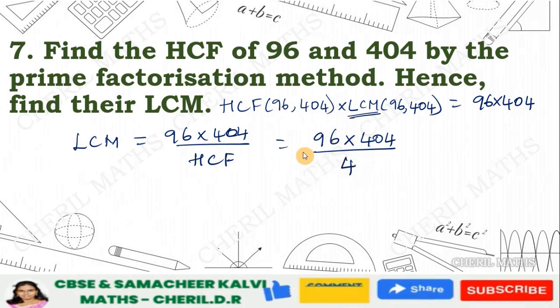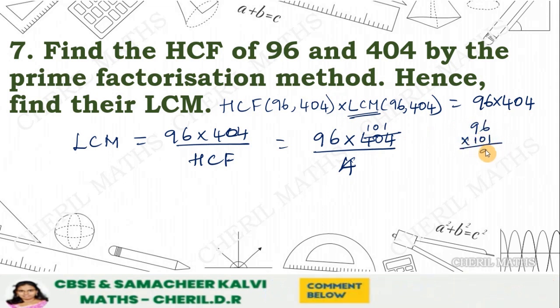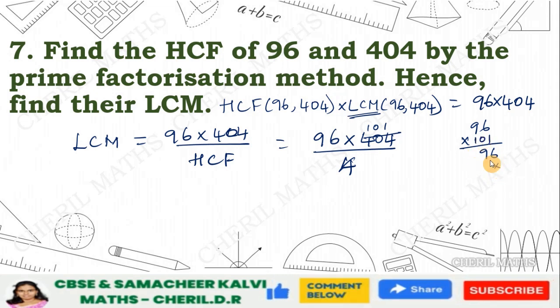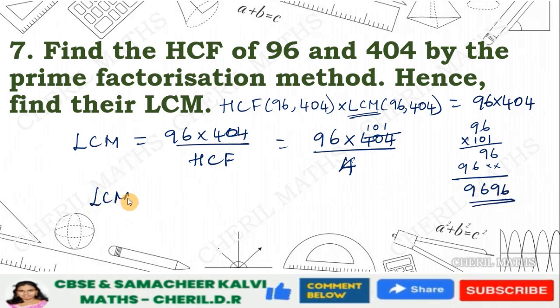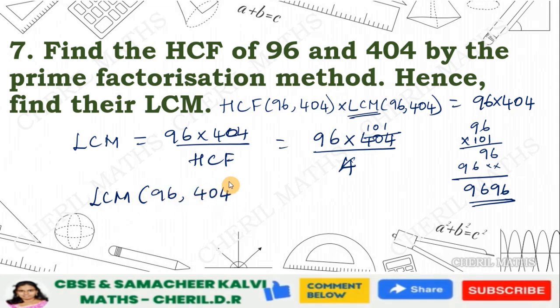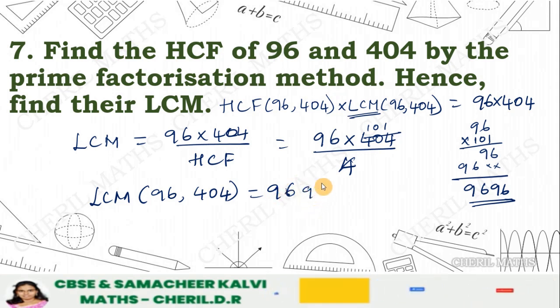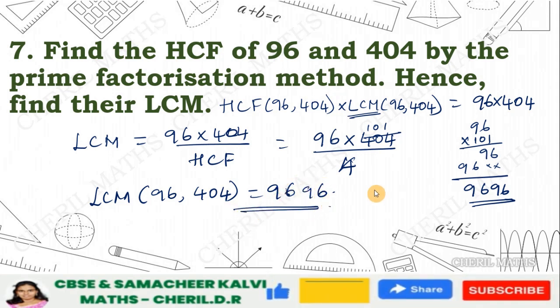When you cancel, 4 ones are 4, and 404 divided by 4 is 101. So you get 96 into 101, which is 9696. So this is the LCM of 96 and 404. Is it clear, children?